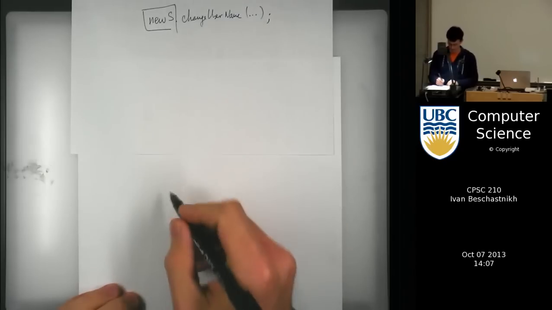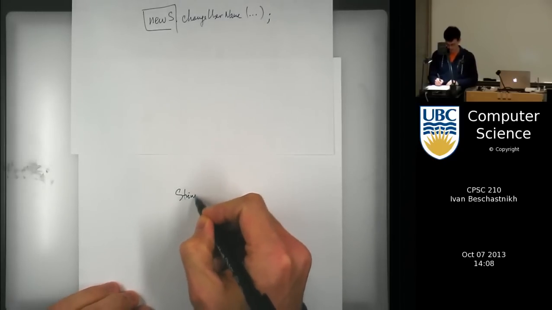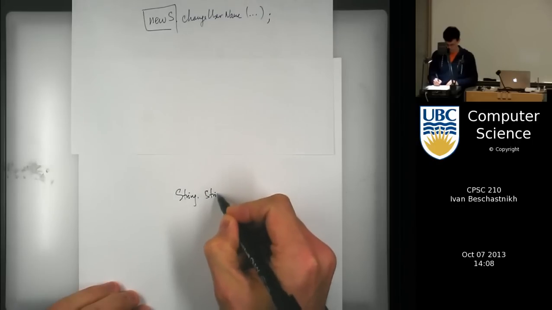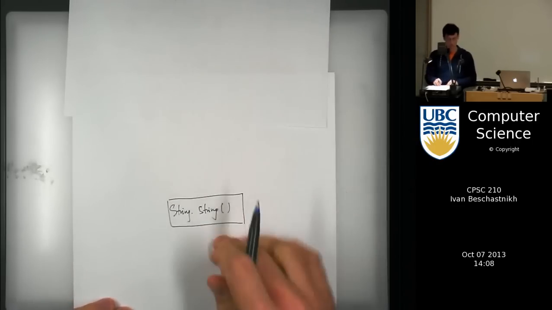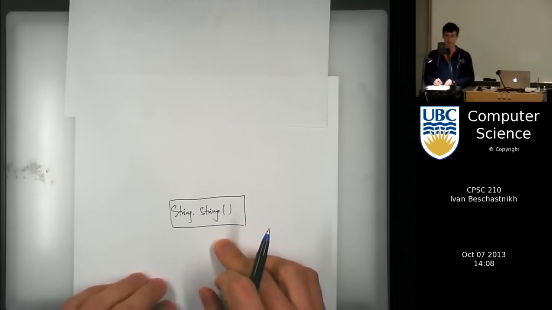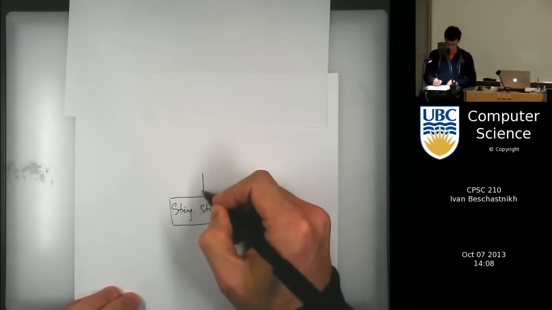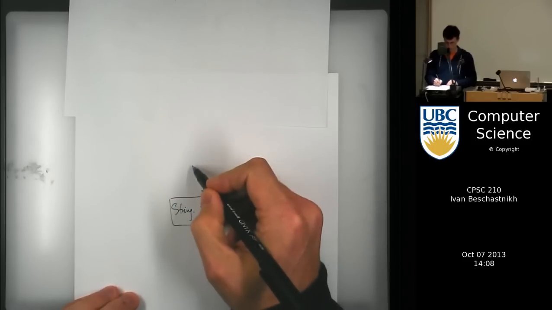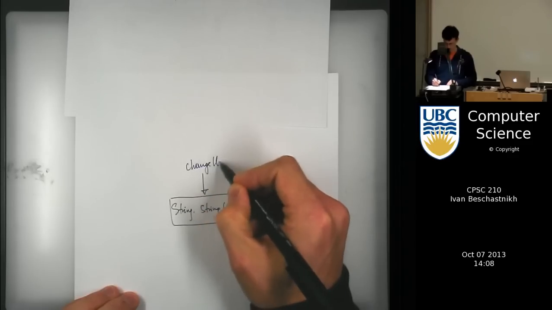So you could have something like string dot string as a box. So this is a constructor for the string class. Right? And so you might say, well, maybe I call this guy from my change username method.